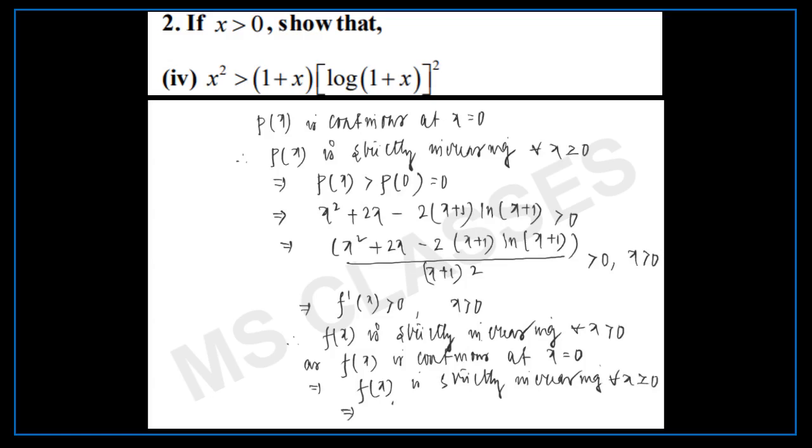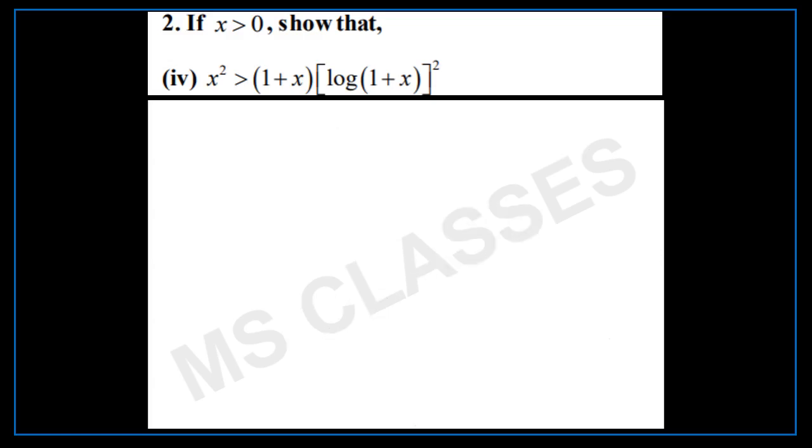And this implies f(x) greater than f(0), which is 0. And this implies x square greater than 1 plus x into ln 1 plus x whole square when x is greater than 0. That is the proof.